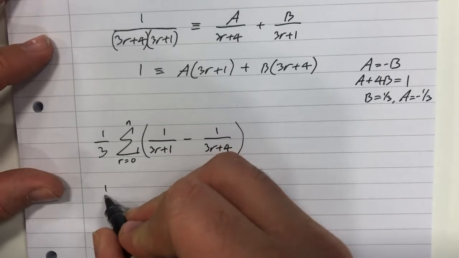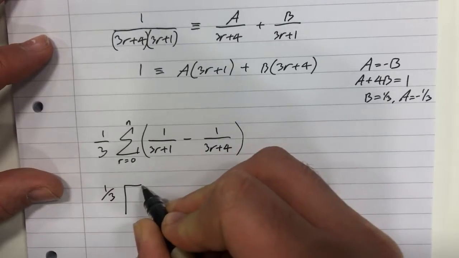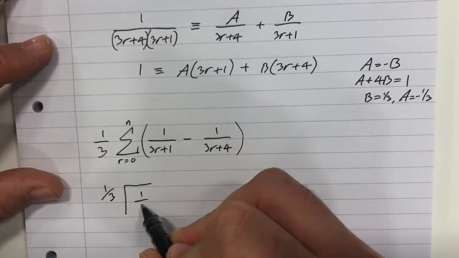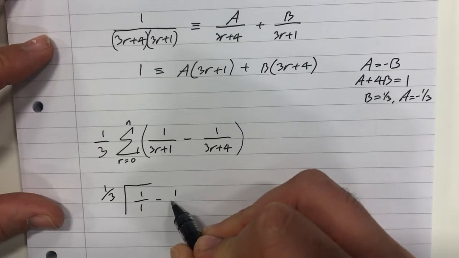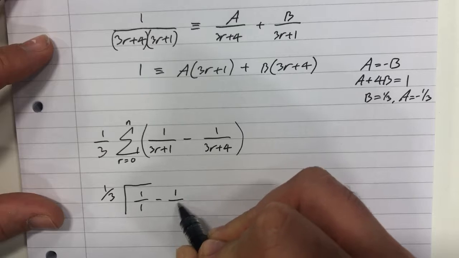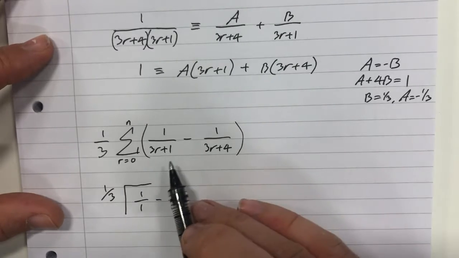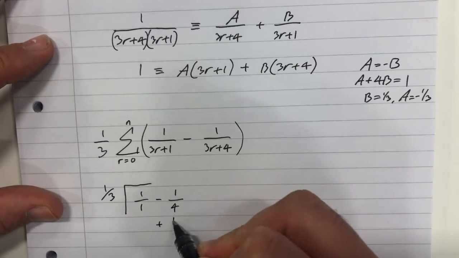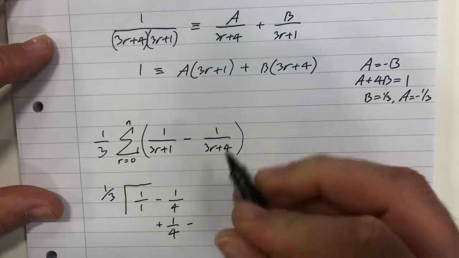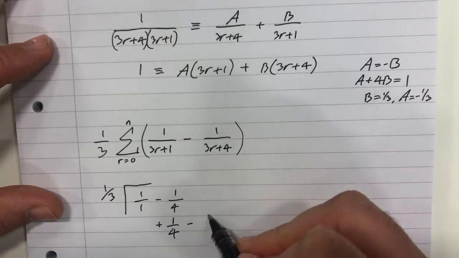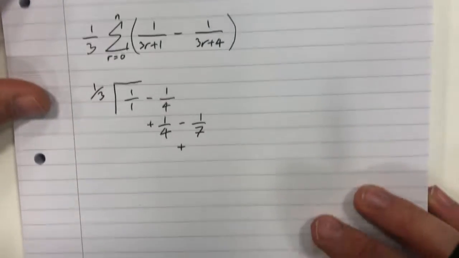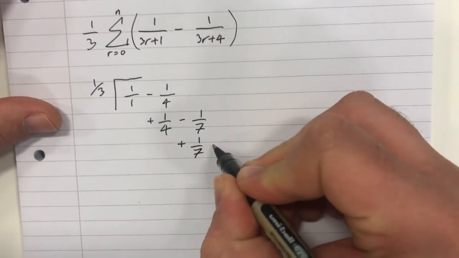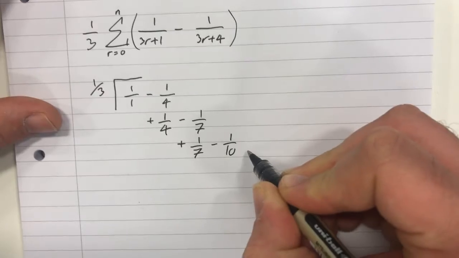So plug in r is 0, taking the third out: that's going to be 1 over 1 minus 1 over 4. Plug in r is 1, we'll get 1 over 4 minus 1 over 7. Plug in r is 2, we'll get plus 1 over 7 minus 1 over 10.